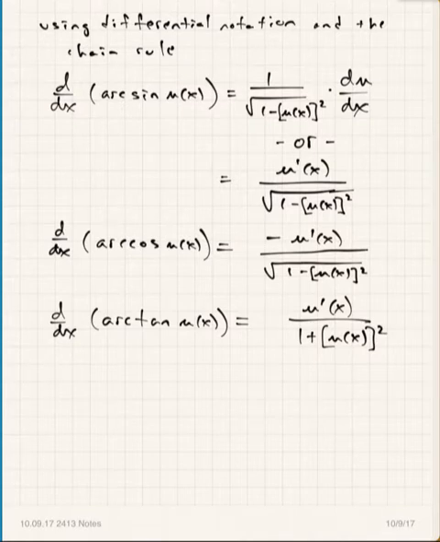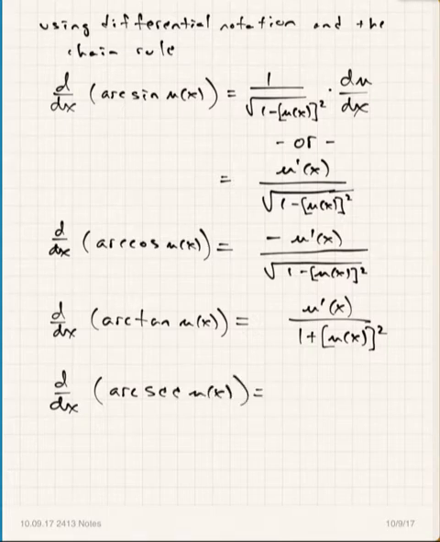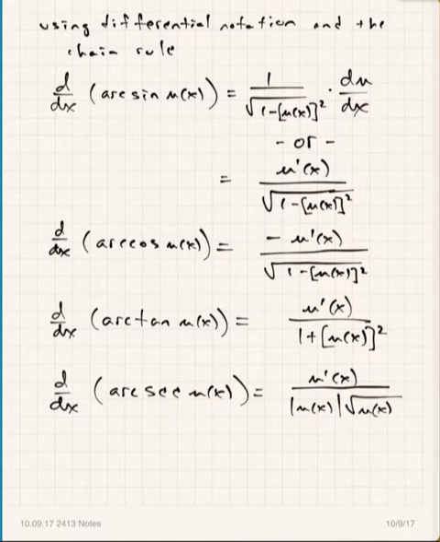The derivative of arc secant of u of x would be u prime of x divided by the absolute value of u of x times the square root of u of x squared minus 1. And that absolute value comes from the restrictions that come along with the arcsecant function.